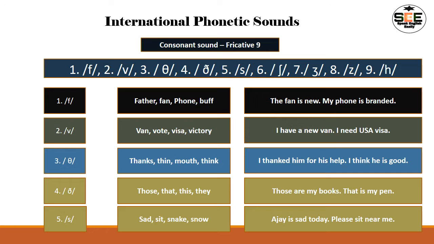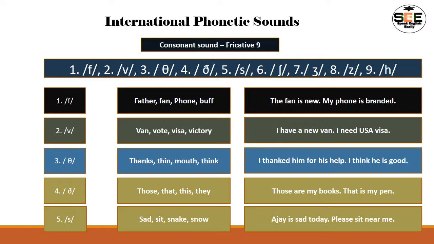There are 9 fricatives in consonant sounds in IPA, international phonetic sounds, right? Number 1, it is symbolized as small f, so it produces the f sound. Number 2, it is symbolized as v, so it produces the v sound.